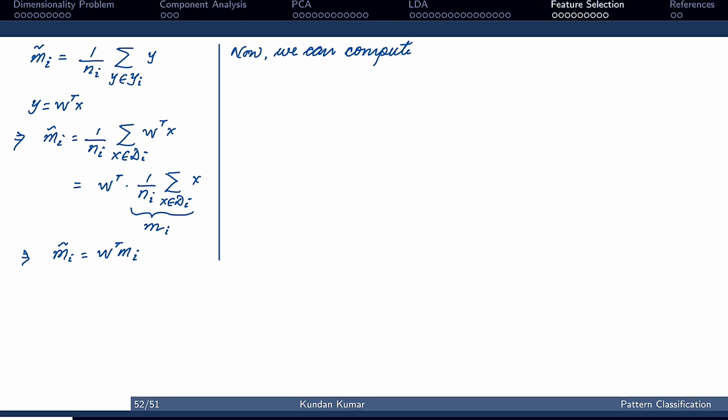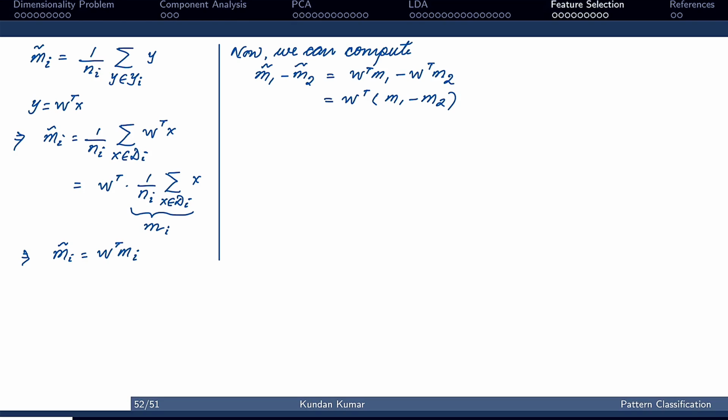Now we can compute m1 tilde minus m2 tilde equal to w transpose m1 minus w transpose m2, equal to w transpose (m1 minus m2). Okay.